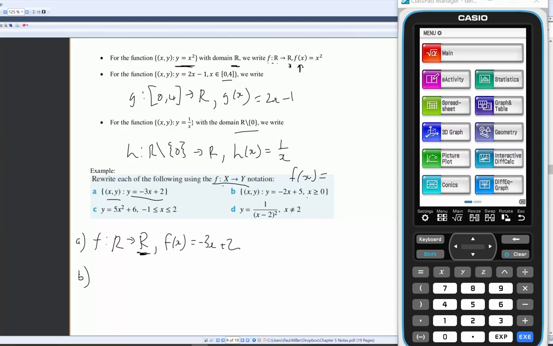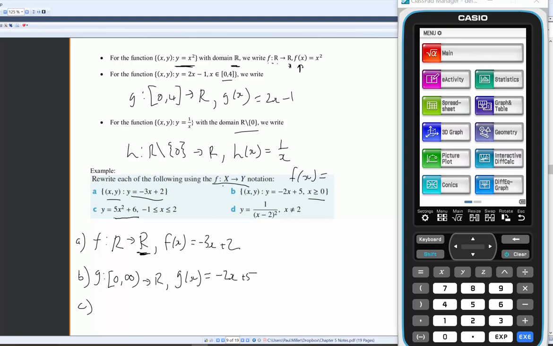Okay, for this linear function, we've got a restricted domain. So let's call it g, is a function such that it has a domain of 0 to positive infinity, mapping to the codomain, which is the set of all real numbers. g of x equals negative 2x plus 5.